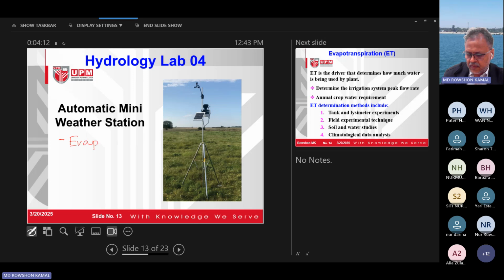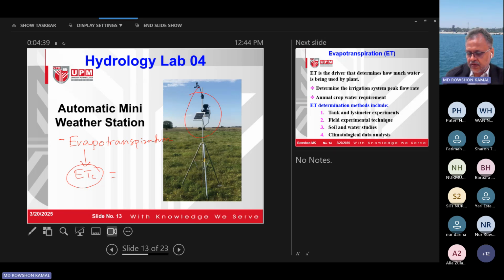Can you remember now? Evapotranspiration. So this temperature, relative humidity and wind speed, this data we need to calculate the ETc. We can calculate this ETc using data obtained from this device.